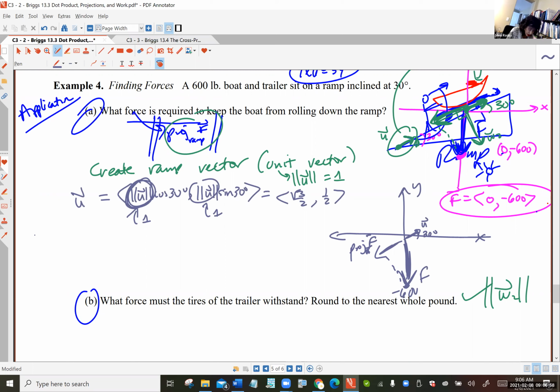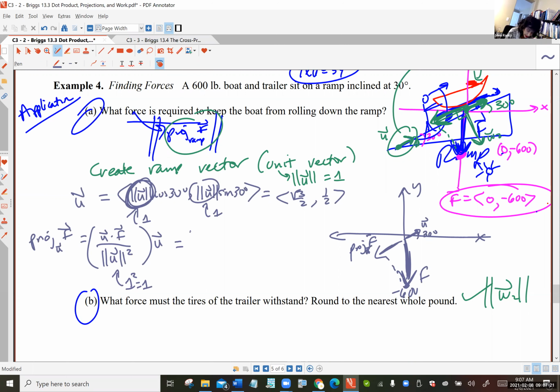Okay, so the projection of our weight vector onto our cute little ramp vector is going to be the dot product of U and F. That'll be easy to get. It's going to be a scalar times U, essentially, divided by the magnitude of U squared. But this is just 1 squared, which is 1. So now we just have to worry about taking the dot product of these two vectors.